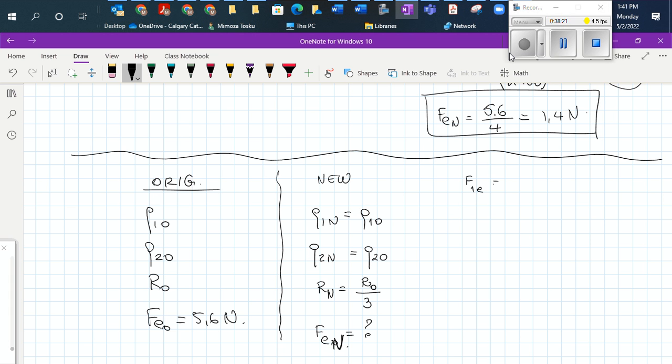Again, we'll start the same as we did with the electrostatic force in the original situation, K, Q1, Q2 original over original distance squared, and the new electrostatic force will be K, Q1 new, Q2 new over the distance new to the power of 2. Now, if you have a change on the charges, then you will plot that change there.